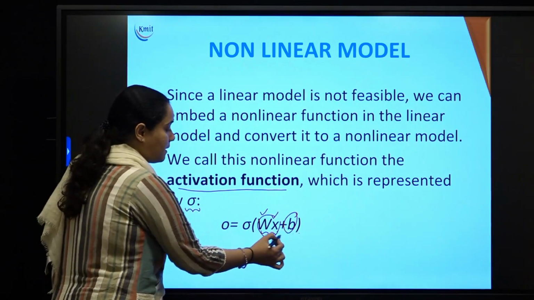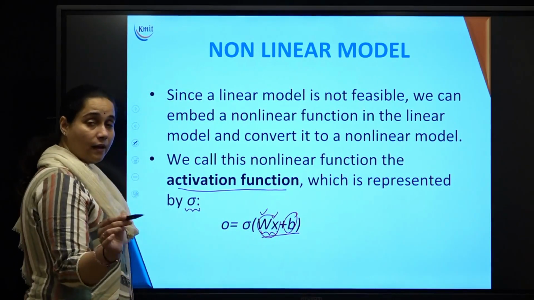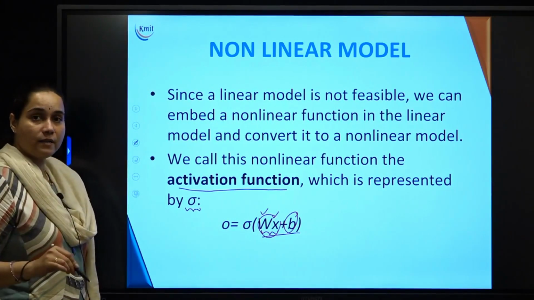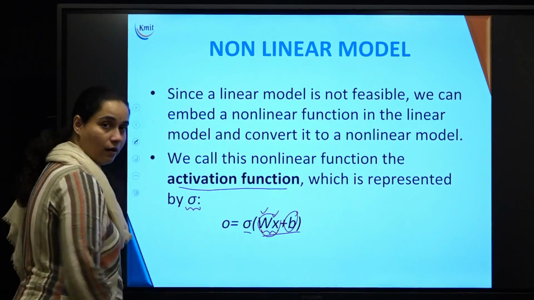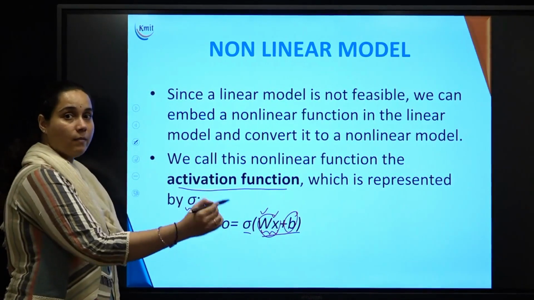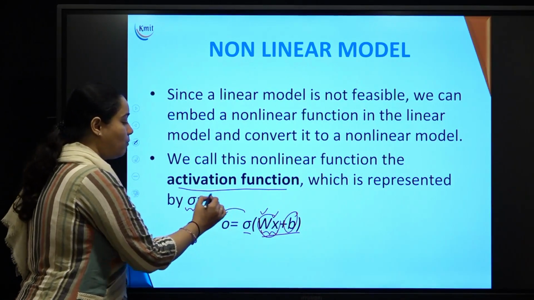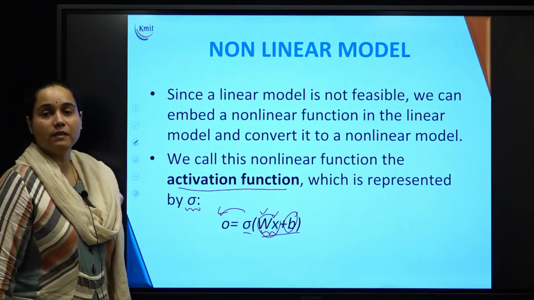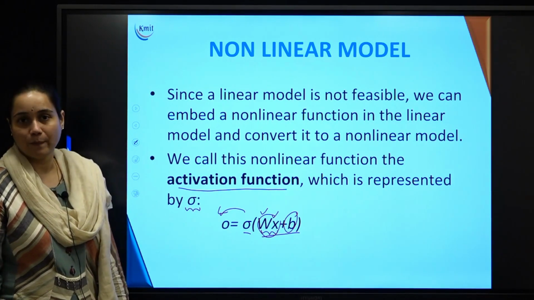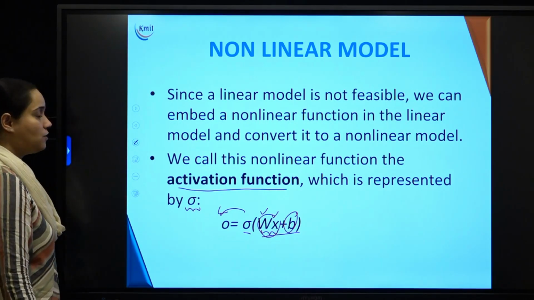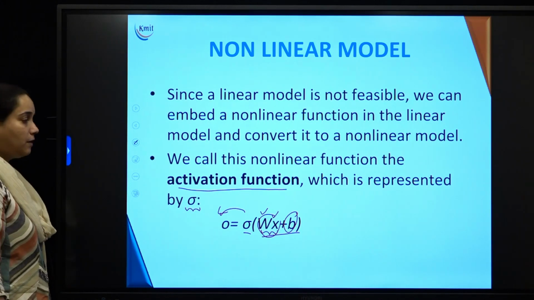This mx plus c is a linear model. To that, you pass it through an activation function, which is here sigma. Once you attach that sigma, or a mathematical function, to that linear model, you get an output and the entire model itself becomes non-linear in nature. That's the beauty of the activation function, that it imparts to our deep learning model.